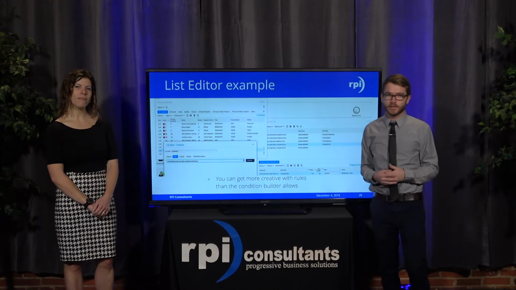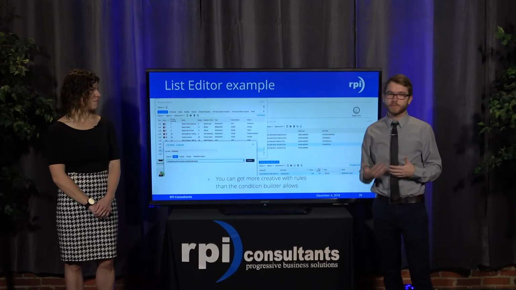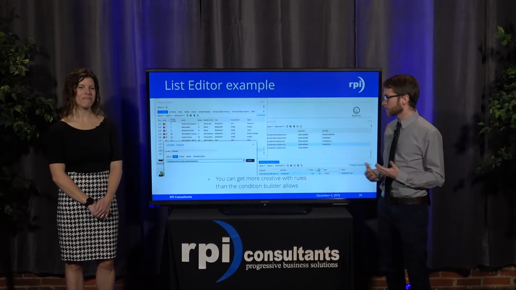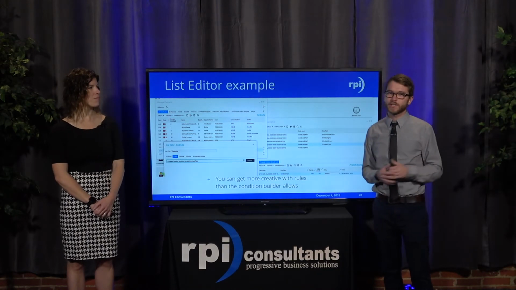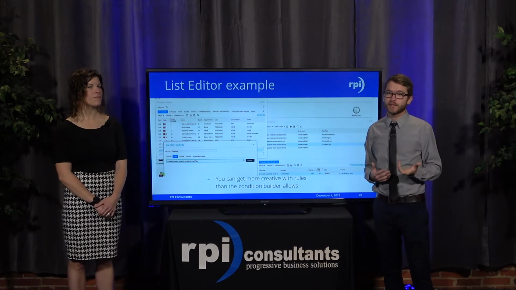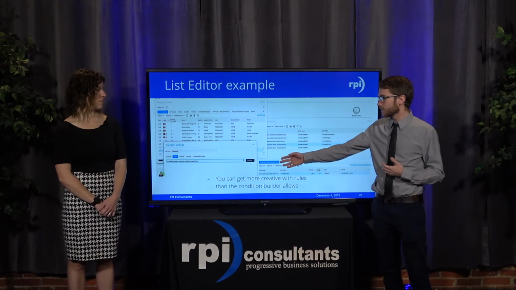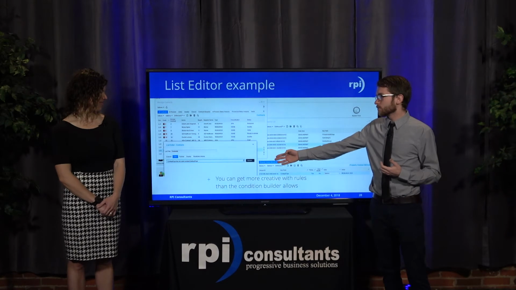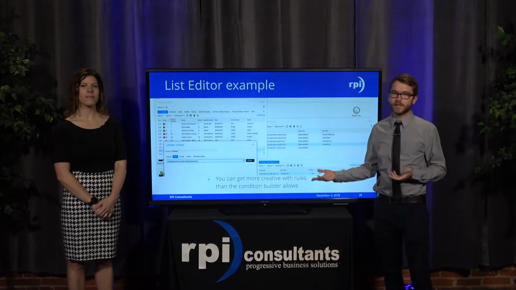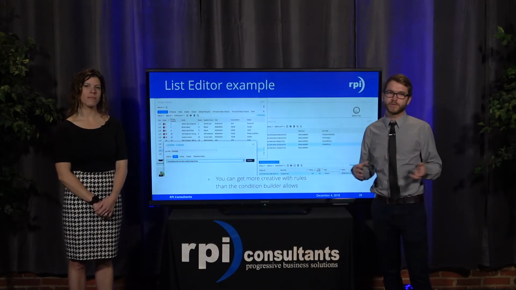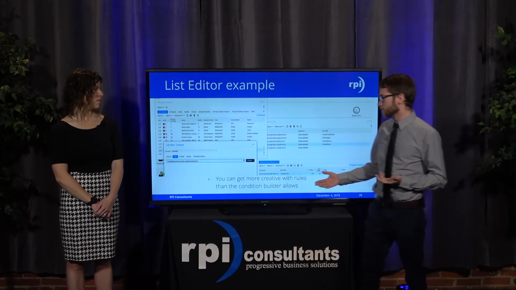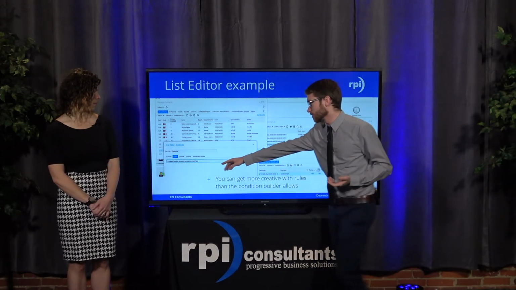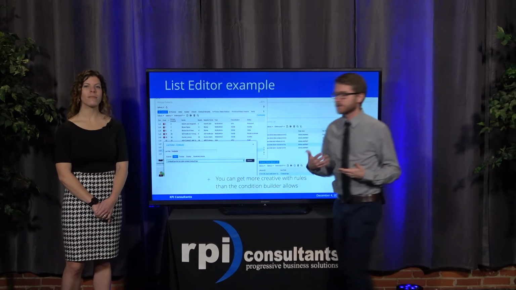However, the condition builder is sometimes a little bit limited. What you can do is get a little bit more creative with the rules. Because what was happening is for some users, they had multiple values in their contract type, and that would confuse the list editor. So instead of using this like syntax, you would have to put like any.